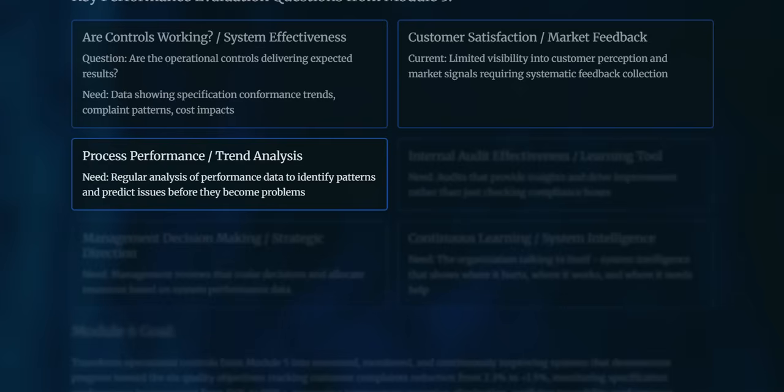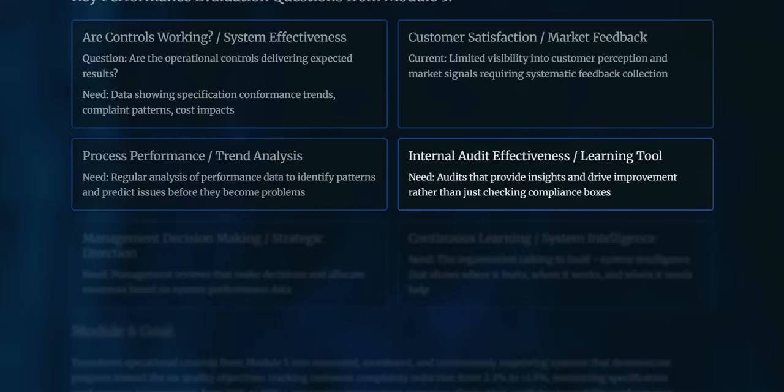Thirdly, we have process performance, with trend analysis. What we need to conduct that effectively is regular trend analysis of performance data to identify patterns and predict issues before they become problems. Fourthly, we have internal audit.